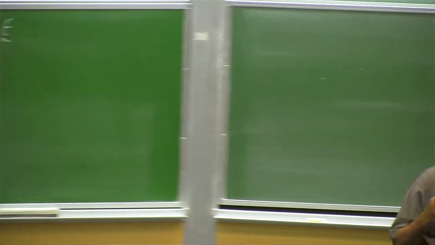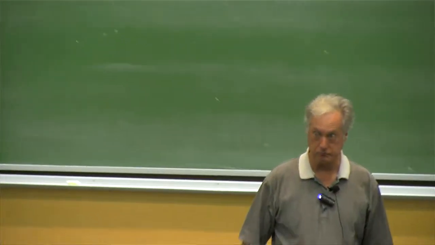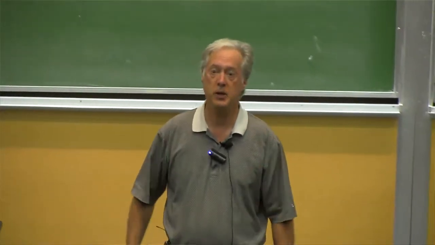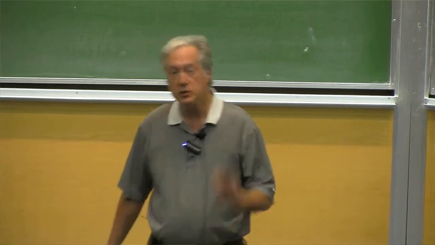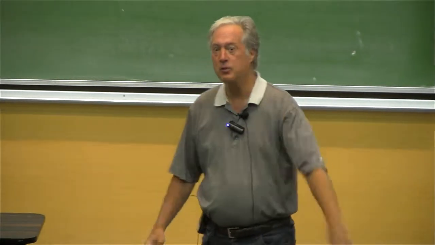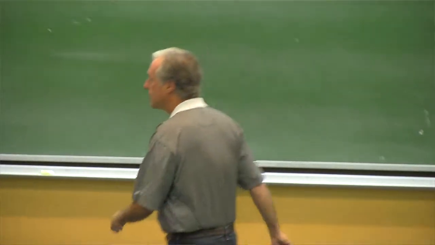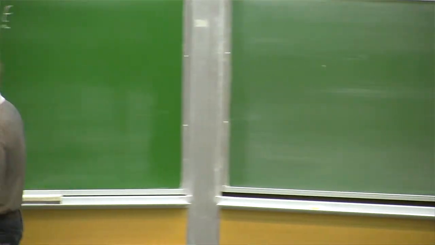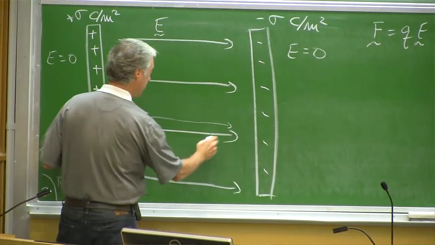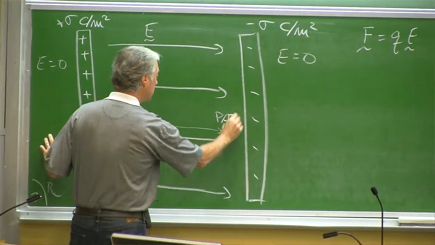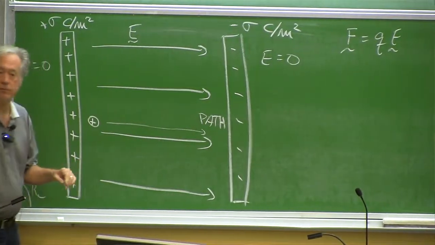Well, it depends what else is between those sheets. If it's just free space between the sheets and there's no material there, then that charge, when we let go, is going to be accelerated. And it will go along a path this direction.